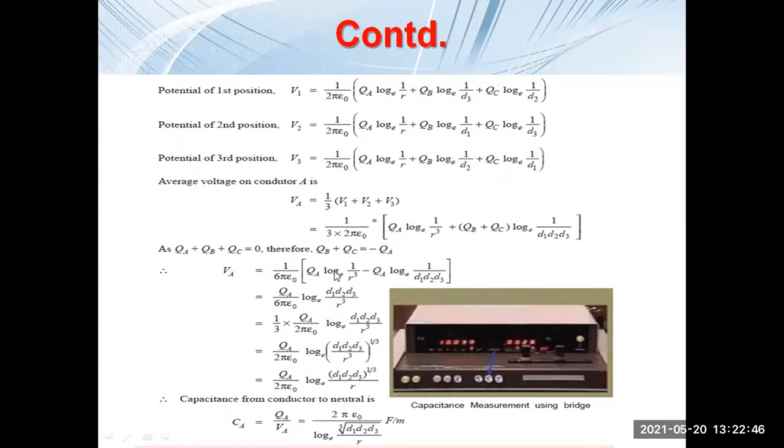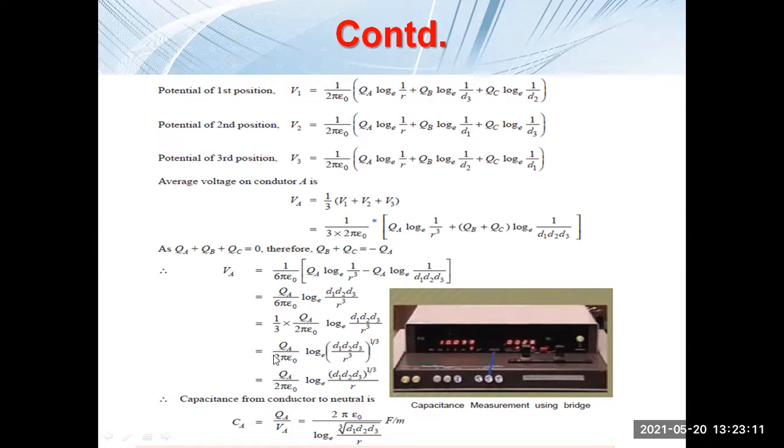Now this minus this, so D1, D2, D3 will be in the numerator, obviously, because there is a minus sign. So this will be D1, D2, D3 by RQ in the numerator. Now we'll separate this 1 by 3 out, 1 by 3 into QA by 2 pi epsilon log of D1, D2, D3 by RQ.